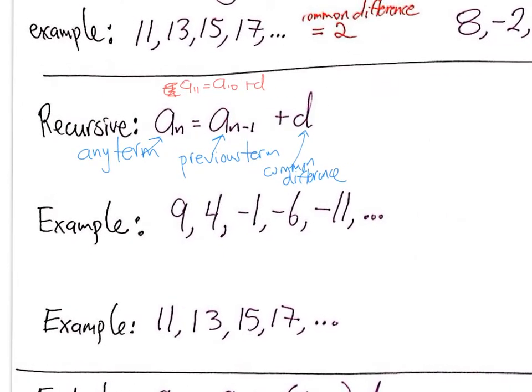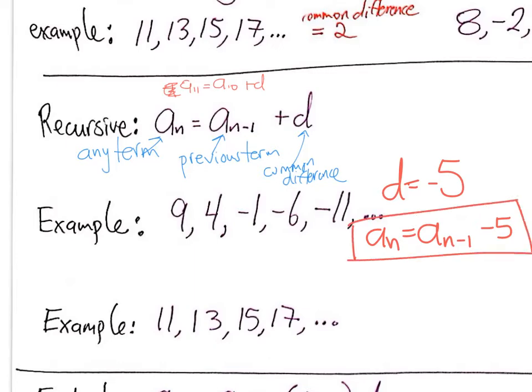We would say that d, the common difference, is negative 5. So a recursive formula for the sequence would be a sub n, any term, equals a sub n minus 1, the previous term, minus 5. So again, this is a recursive formula for this sequence.